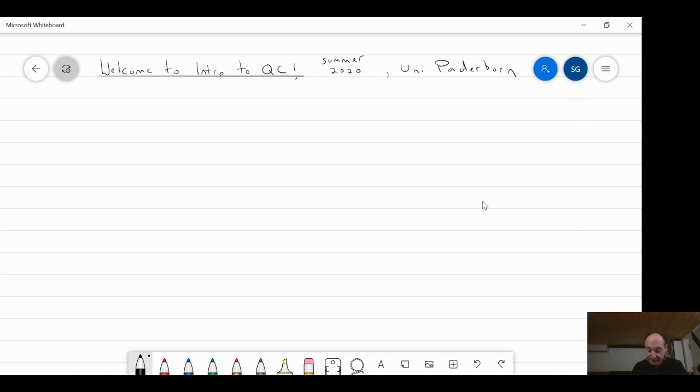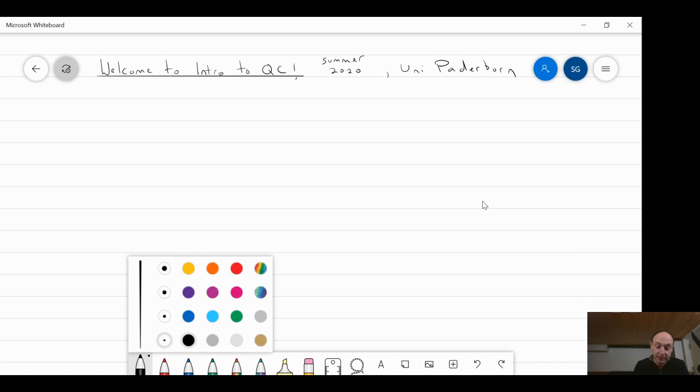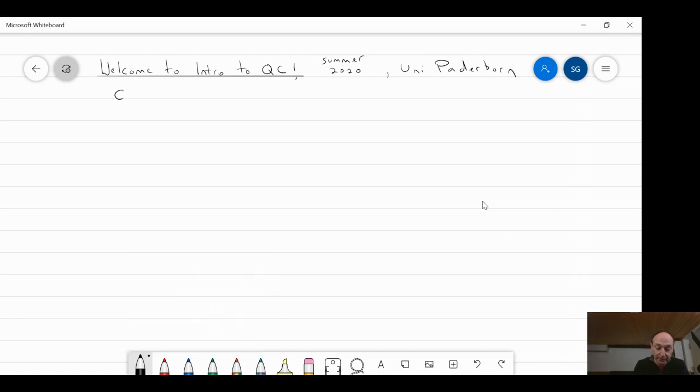Just basic notation. Throughout the course, I'm going to be using four symbols over and over again: complex numbers, real numbers, integers, and natural numbers. The ones you probably see most often are going to be the complex numbers, which we'll review briefly today, and the natural numbers. It doesn't really matter; we can define the natural numbers as starting at 0 or 1.